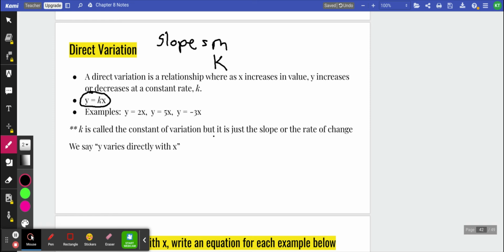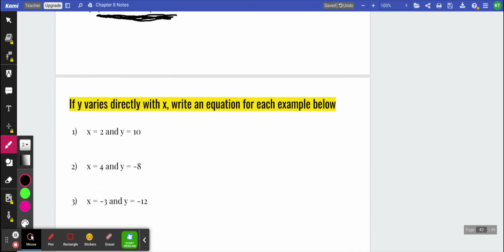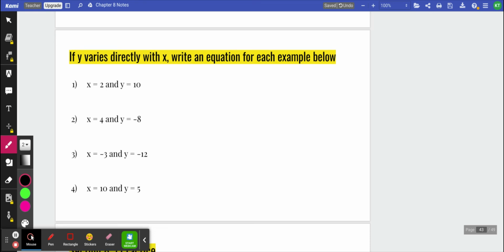Now, to say something varies directly means that it crosses through at 0, 0. So I don't have to worry about adding or subtracting any numbers. And we say y varies directly with x. Okay, so let's look at some examples. It says if y varies directly with x, write an equation for each example below.